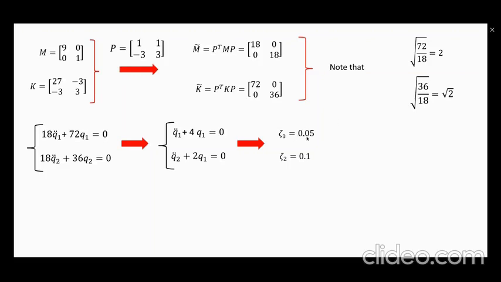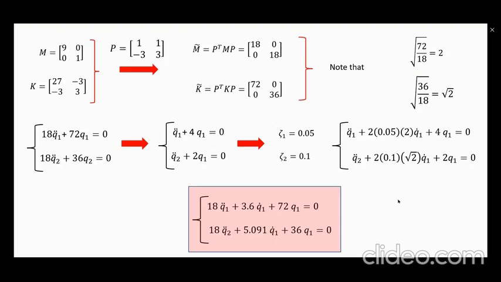If we have damping ratios of 0.05 and 0.1, just throw in an extra term here, which is 2 zeta omega q1 dot, right there. For the second equation, again 2 zeta, its zeta, omega, its omega, which is root 2, times q2 dot. So undamped, modal damping specified by the user.